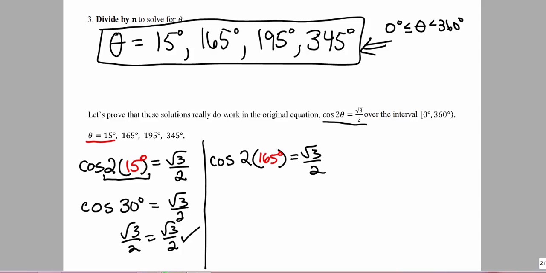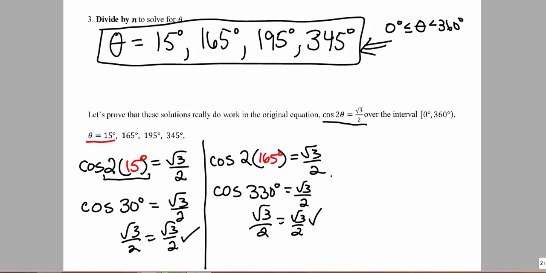In order to check, we would first multiply the angle by 2. So we get cosine of 330 degrees. And cosine of 330 degrees, that's in quadrant 4, and that is also positive square root of 3 over 2. So we can see that it's going to work for all 4 of these angles.